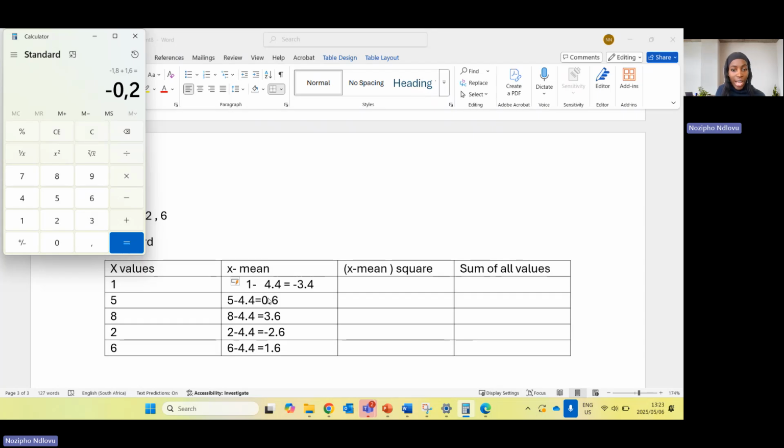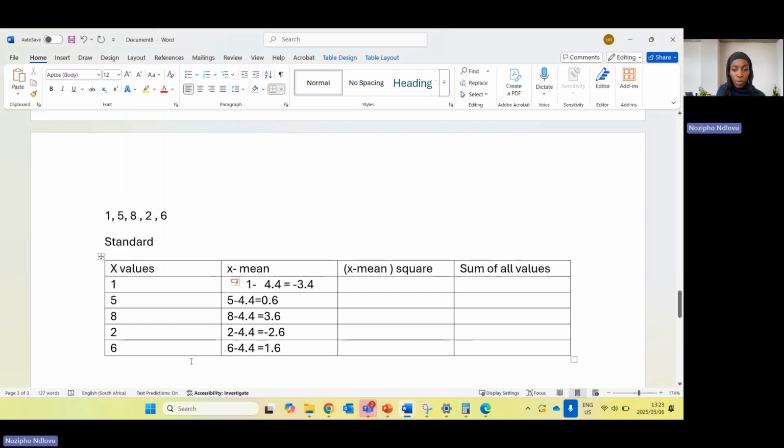Then you get your answer to be 0.2. Is it positive? No, it's a negative number. So just for your own sake, you put negative 0.2.